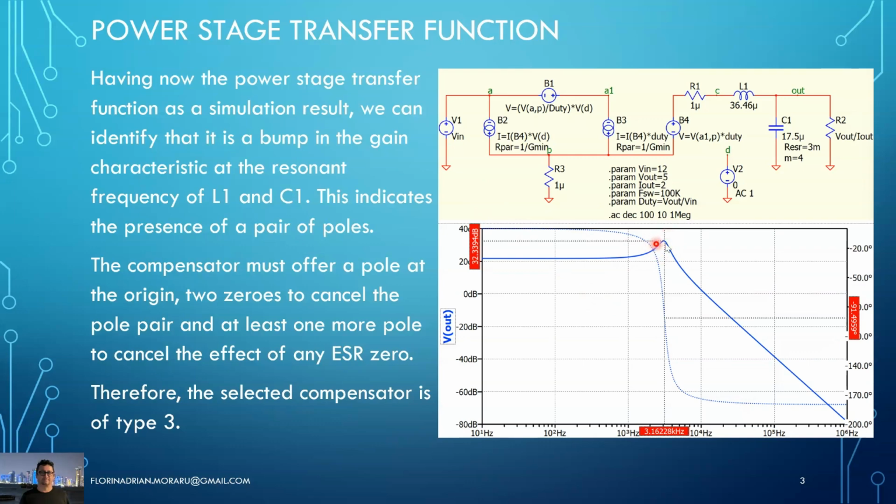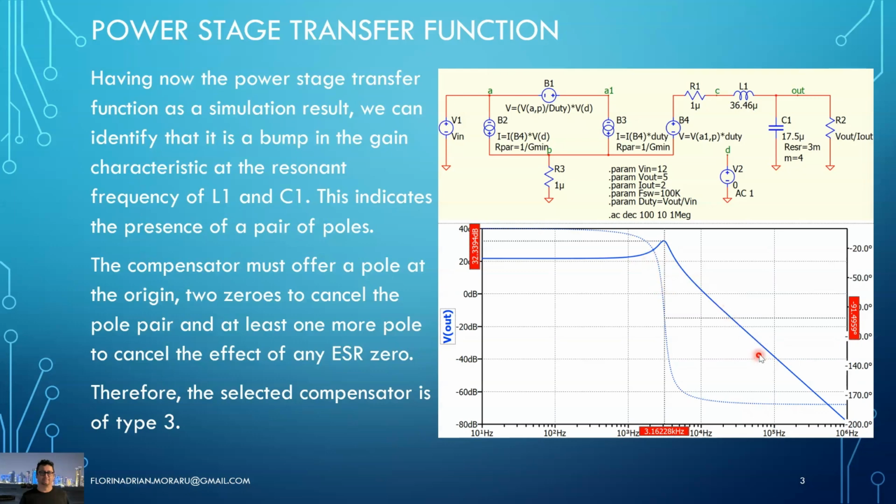Then at this resonance point, we saw that we have an abrupt change of nearly 180 degrees in phase. So basically what we want to do is to compensate the effect of those two poles, and therefore we will need two zeros.